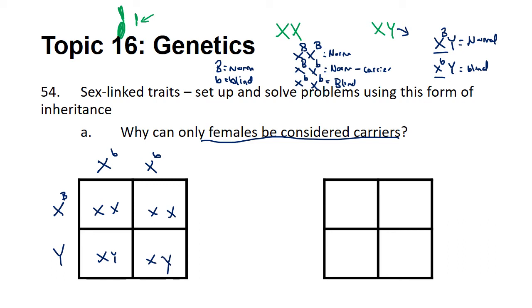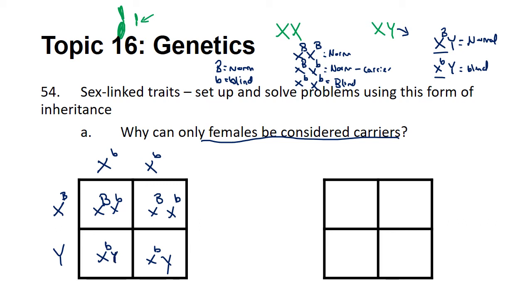My handwriting's terrible. So these females would all be normal vision, but they would all be carriers as well, which means their future children would have a chance of being colorblind. And for the males, it's a guarantee that all the males would be born colorblind. Remember, the Y chromosome is too small. It can't hold anything there.